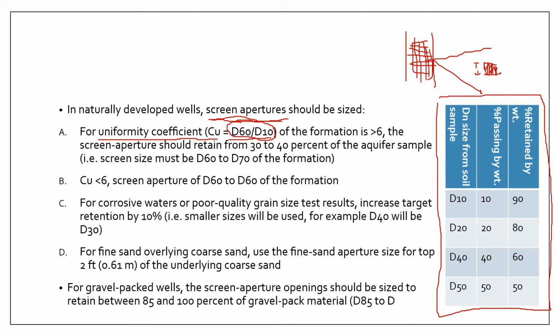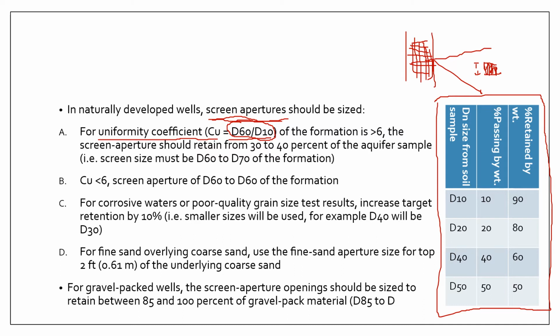All right, so this table is showing you three columns. The first column is the DN size of the soil sample. All right, so DN will just mean the size in which a certain percentage of your soil sample will pass through.